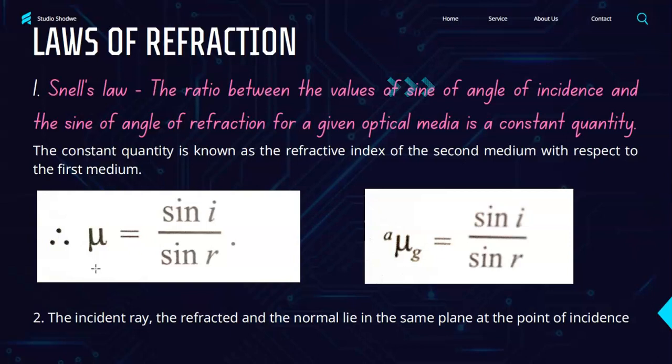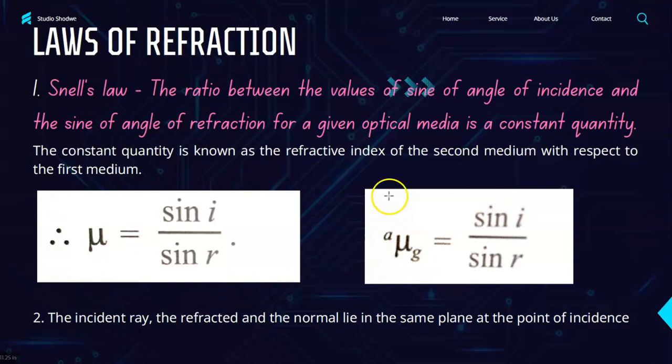Like for example, mu for glass with respect to air is always constant, that is 1.5. Mu for water with respect to air, that is 1.33, is always fixed. Remember, refractive index, that is mu, is always a constant quantity. This is given by Snell's law. Again, mu is equal to sine I upon sine R, which is constant.